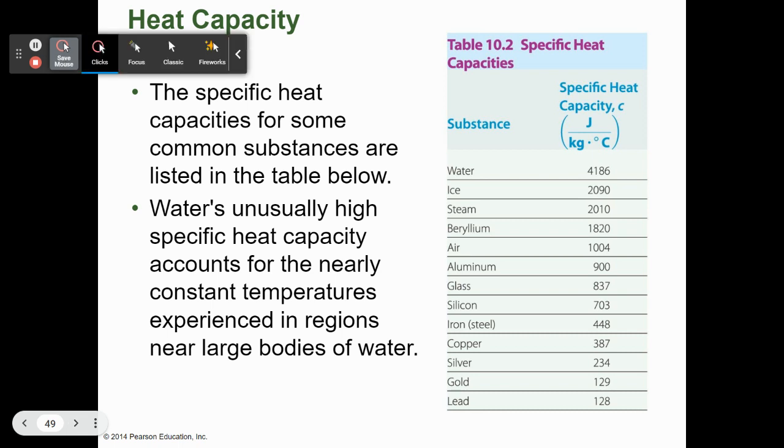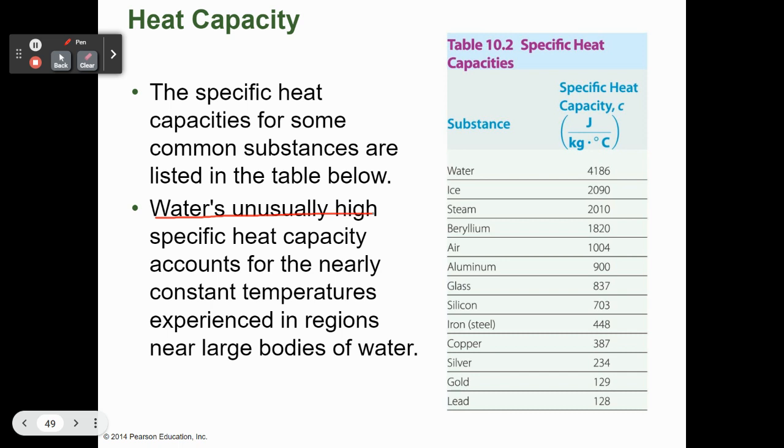So here's the table of specific heats. You will either be given this table or given the specific heat, or you will be given the heat, the mass, and the change in temperature so that you can use that to solve for specific heat.